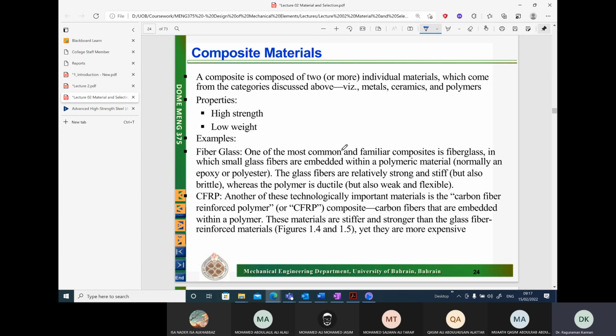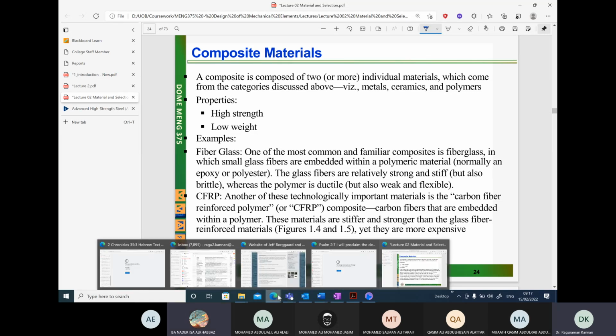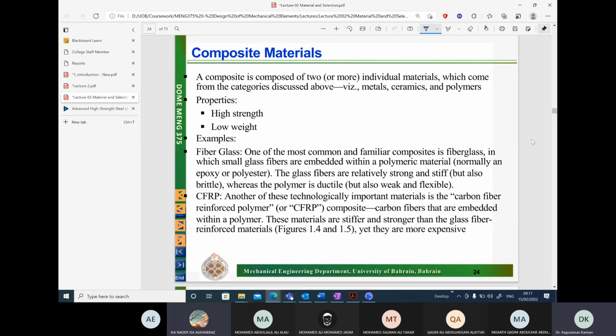What is a composite? Can one of you tell me what a composite is? Anybody? A material which is made of the matrix and reinforcement fibers. Very good. Okay, usually a matrix material and then reinforcement material in terms of fibers.